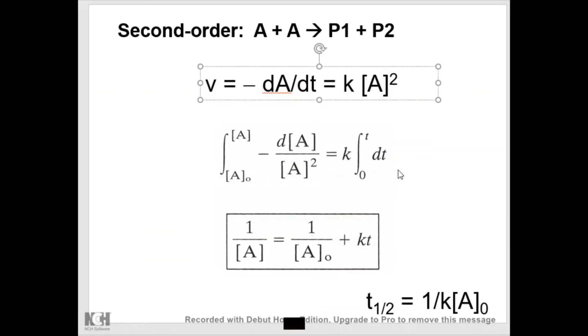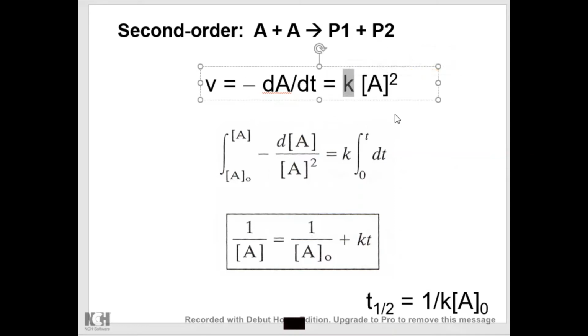We can also solve a differential equation for a bimolecular reaction in which two reactants are identical. A plus A equals products. The rate of this reaction can be written as a negative change in concentration of A over time, and also it's proportional to the concentration of both reactants, A by A, with a constant K, right?